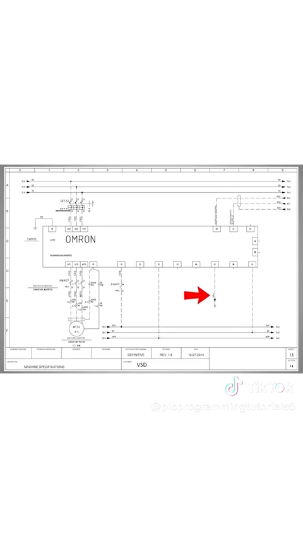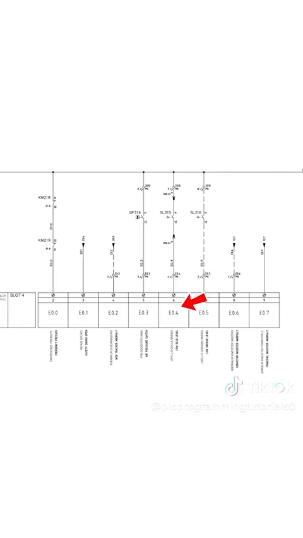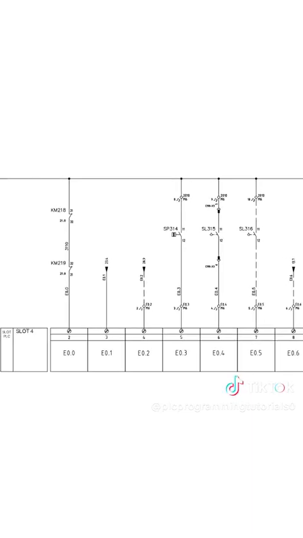Next, we will come back to sheet number 31 and see the electrical diagram for the input E0.4. It is mentioned as low glue level. For this digital input E0.4, the 24 volt wire with the tag 2010 is connected to the terminal strip, and this strip is on the M6 DIN rail.